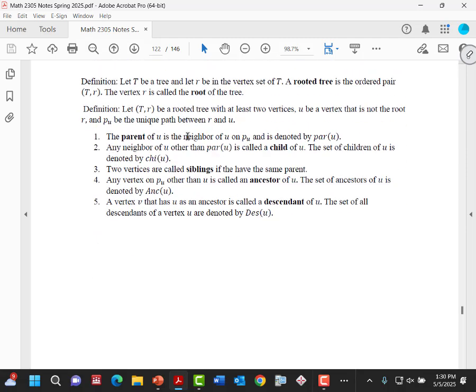Okay, definition. Let T be a tree and let R be in the vertex set of T. A rooted tree is the ordered pair T, R, and the vertex R is called the root of the tree.